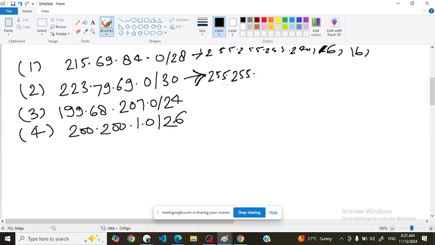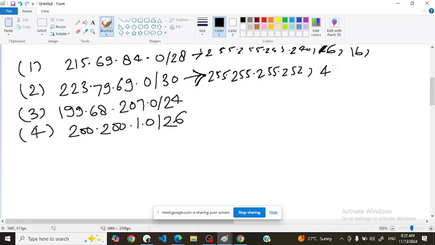Okay. So the subnet mask is 255.255.255.252. Block size is 256 minus 252, so the block size will be 4.